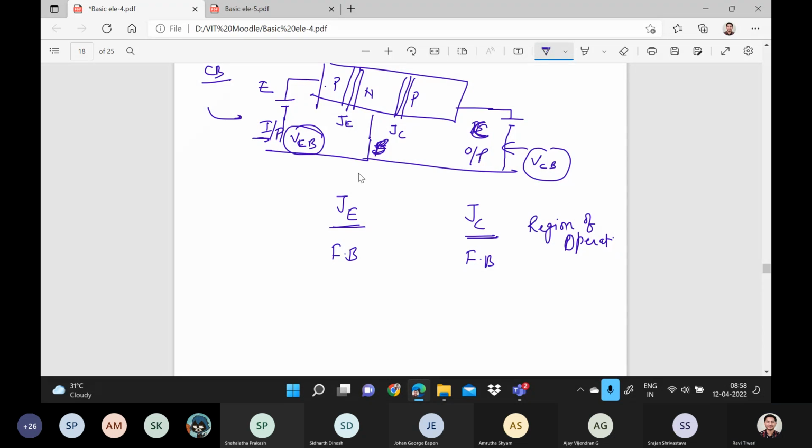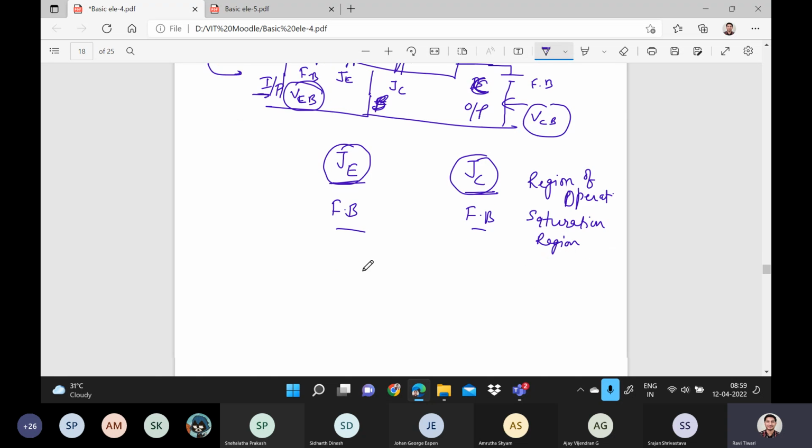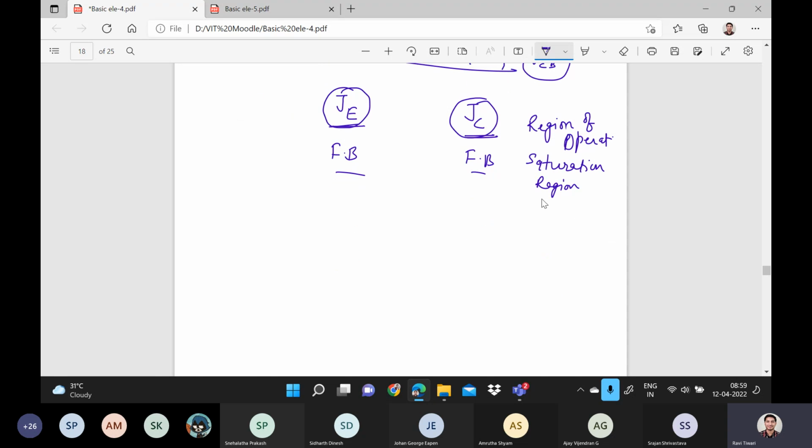So this is forward biased, and this is also forward biased. When both junctions are forward biased, this region is called the saturation region. In that case, the BJT will behave as a short circuit or closed switch.